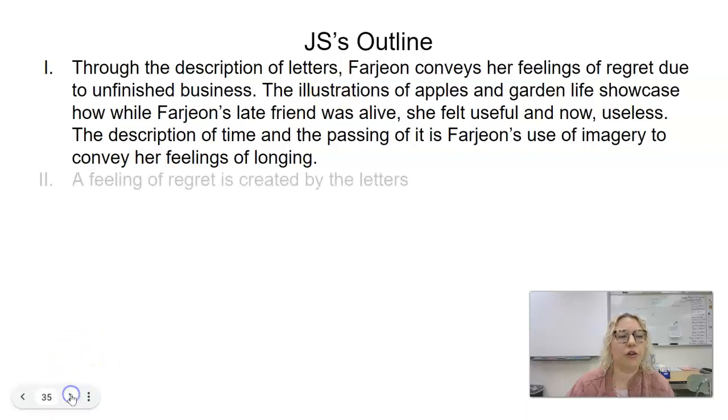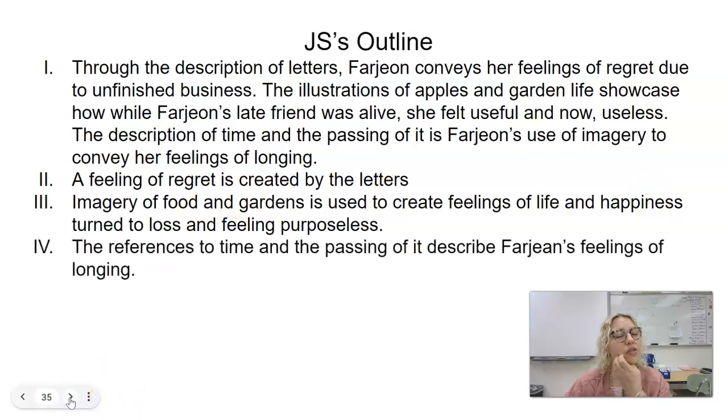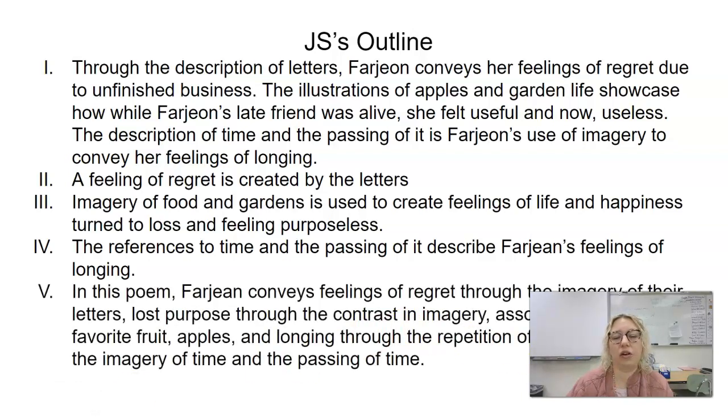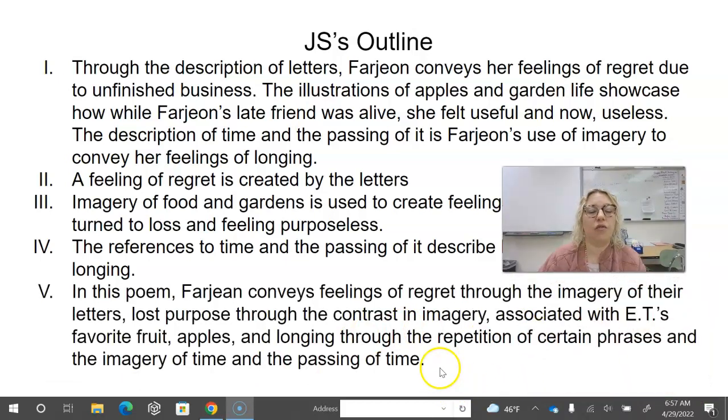All right, her first key point for her second paragraph: a feeling of regret is created by the letters. Her second key point: imagery of food and gardens is used to create feelings of life and happiness turned to loss and feeling purposeless. Her third key point: the references to time and the passing of it describe Farjean's feelings of longing. And then her central assertion is restated a bit differently for that conclusion.